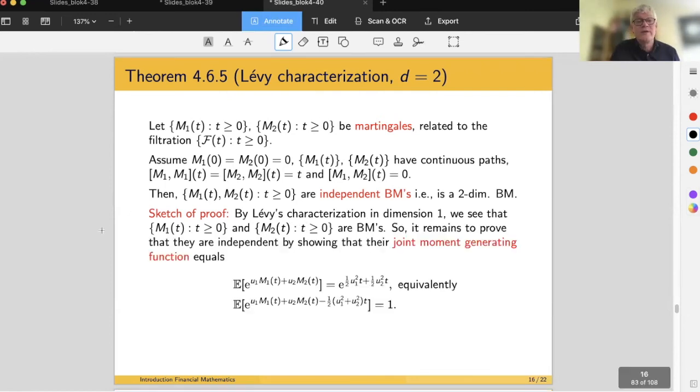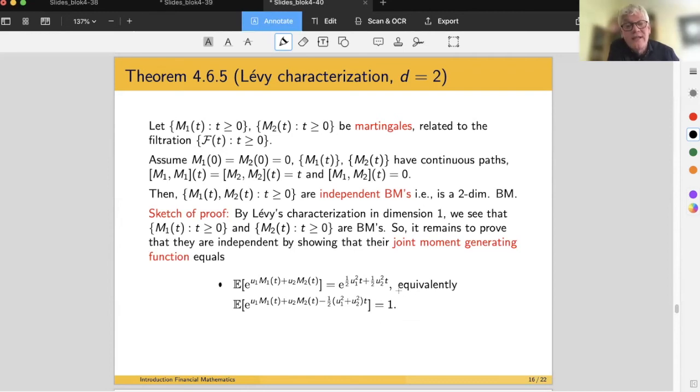So what remains is to prove that they are in fact independent. We can do that by showing that their joint moment generating function is equal to the following. The expectation of e to the u1 M1(t) plus u2 M2(t) must be equal to e to the power 1/2 u1 squared t plus 1/2 u2 squared t.